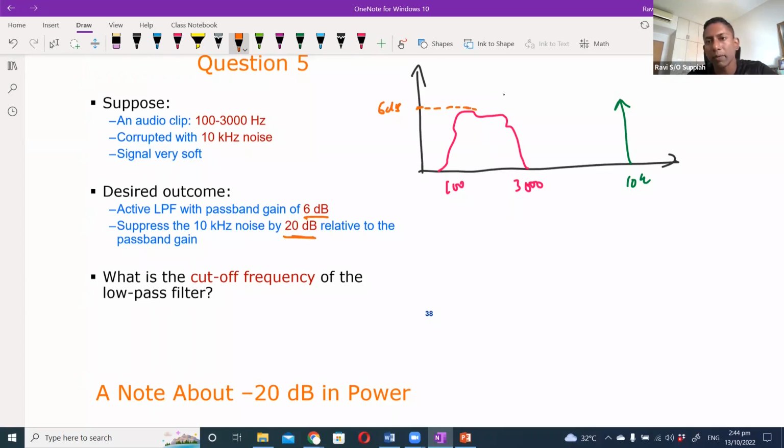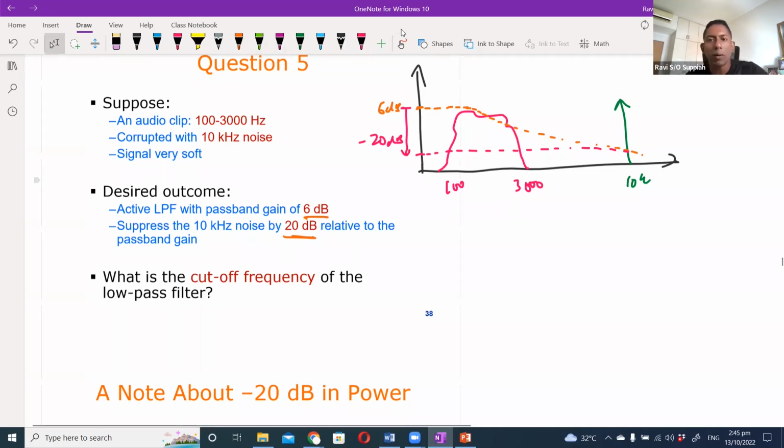That means when I create my filter, this distance from here to here should be minus 20 dB relative to the pass band. So that is what we want. We want the 10 kilohertz noise to be suppressed by 20 dB relative to the pass band, and at the same time, the gain of the pass band is 6 dB over here.